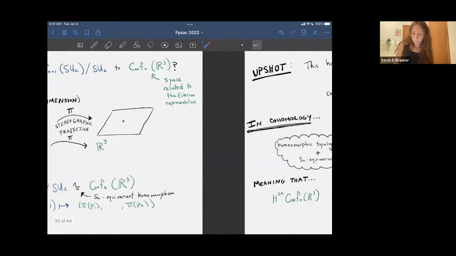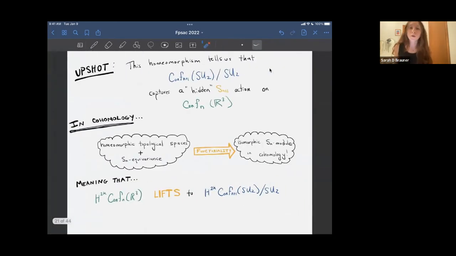Okay, so the upshot here is that this homeomorphism really tells us that this space is the right one to consider if we want to think about both an S_n and S_{n+1} action. So the S_n action here is the same as the S_n action on our original configuration space, but this quotient space makes clear an S_{n+1} action that was far from obvious on this original space.